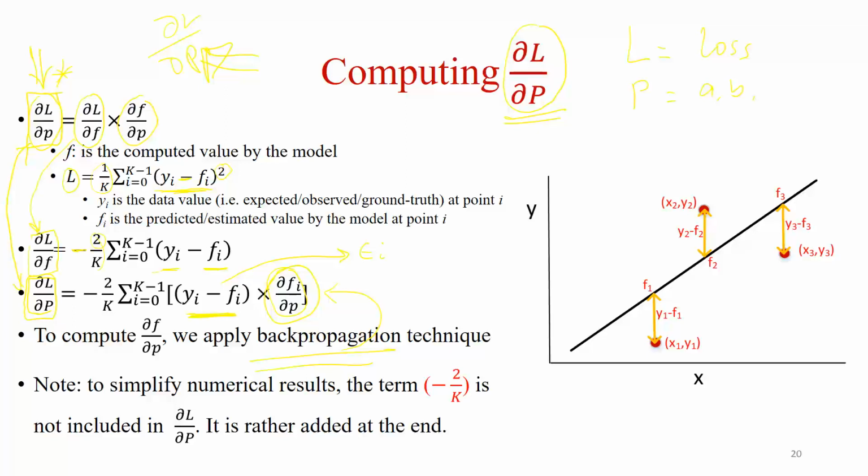We'll see that this minus 2k, we'll ignore it for now. We'll add it at the end, because sometimes it confuses us. So we'll put this term aside and add it later on at the end.